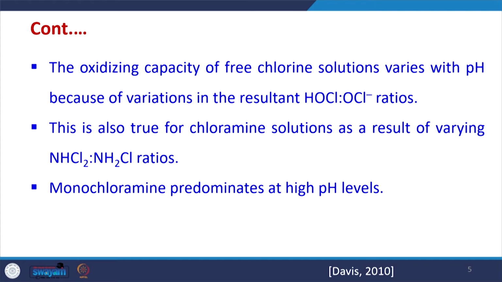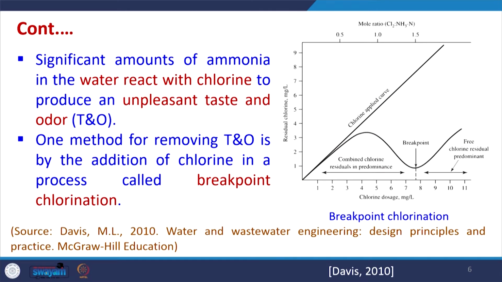Similarly, for chloramine solutions, the oxidizing capacity will be dependent upon these ratios. In general, monochloramine predominates at higher pH levels, while dichloramine dominates at lower pH levels.